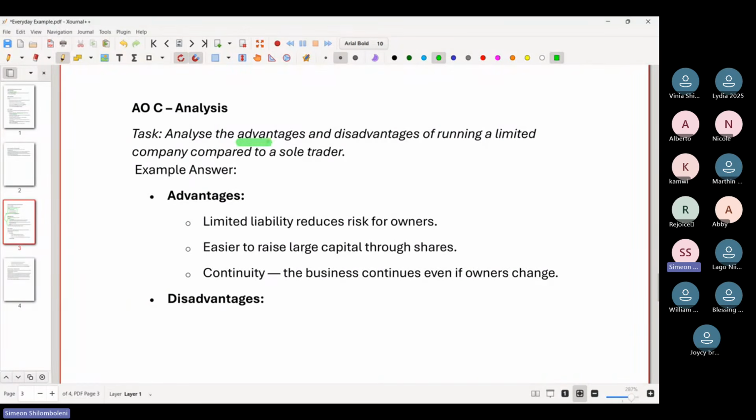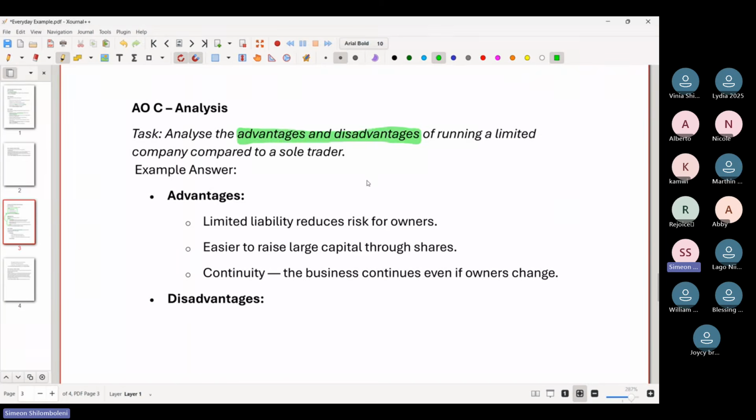Analyze the advantage and disadvantage of running a limited company as compared to a sole trader. Now, this is a basic question, but you know what our setters do. Let me now tell you a secret and a trick. They remove this word, advantage and disadvantage.